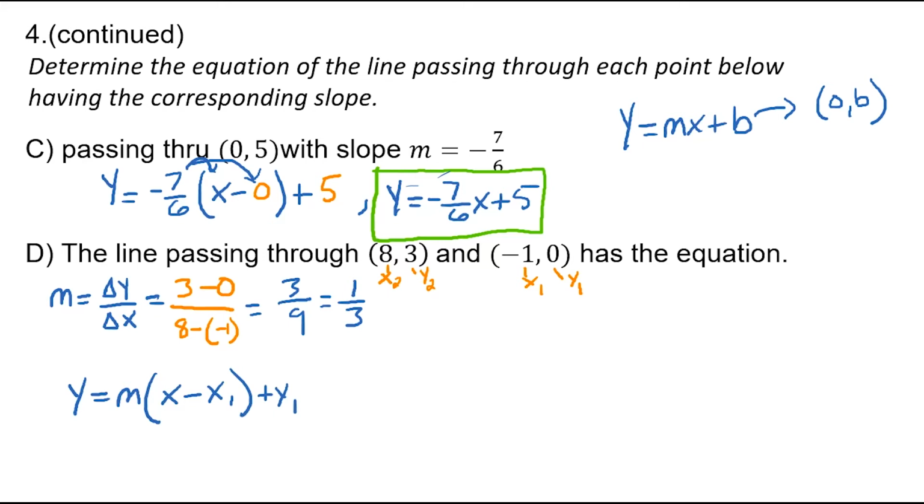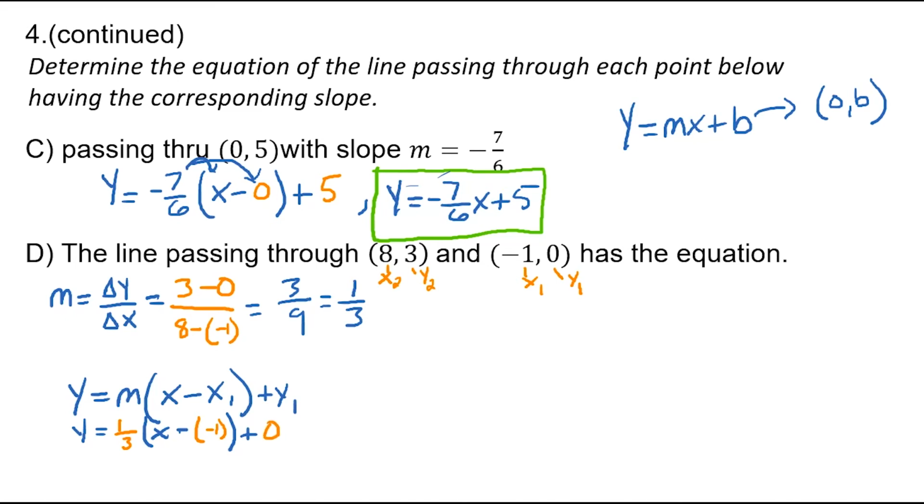So this will give us y is equal to, in this case I plug in 1/3 for my slope, and then x minus, and in this case I'm going to use negative 1, then plus y sub 1, and this is just 0 out here.